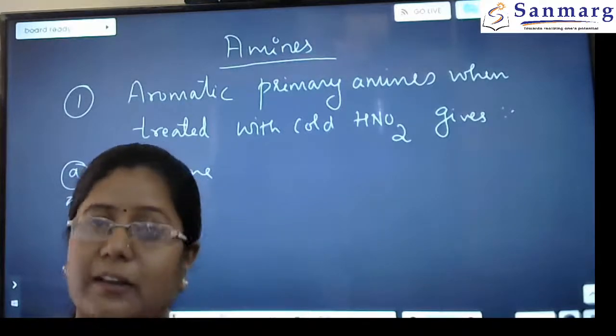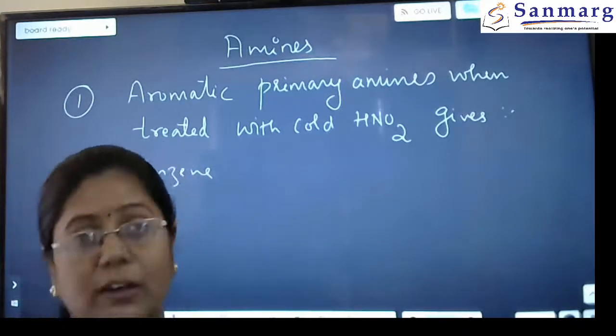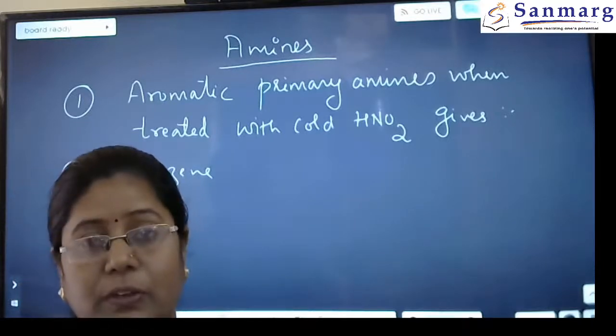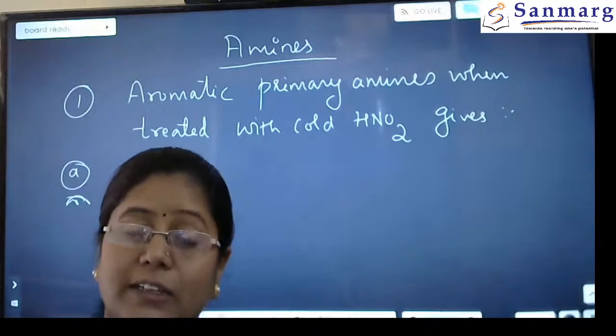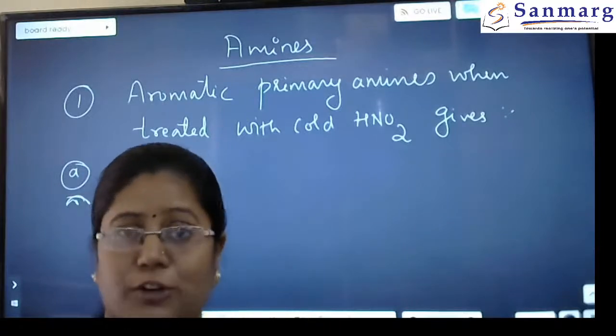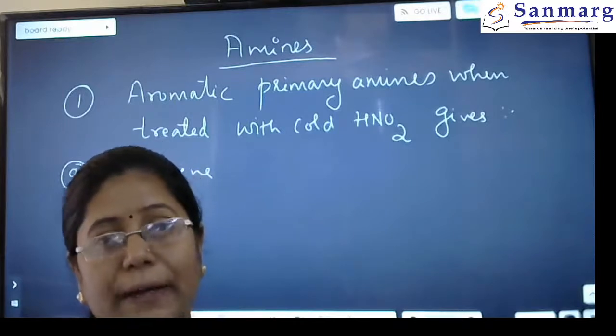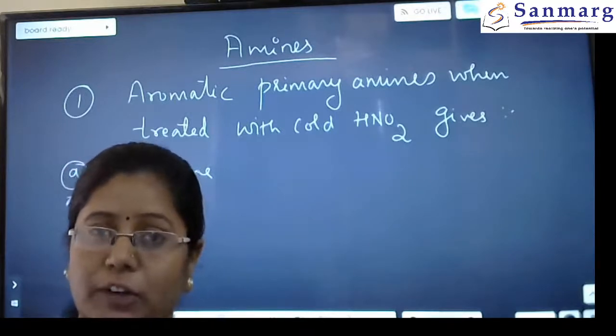The carbylamine reaction is used to distinguish primary amines from secondary and tertiary amines.